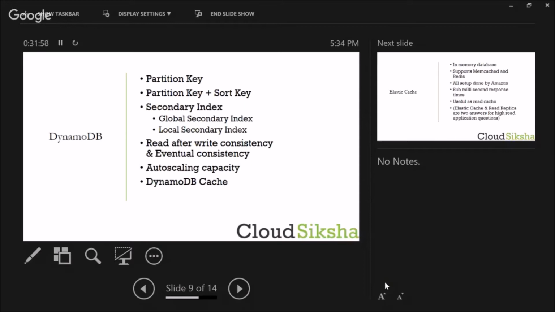And if you want much more speed, there is a DynamoDB caching also available. These are new introductions which happened towards the end of last year. So that's about DynamoDB. Keep in mind the partition key, the secondary index, auto scaling capacity, and so on.